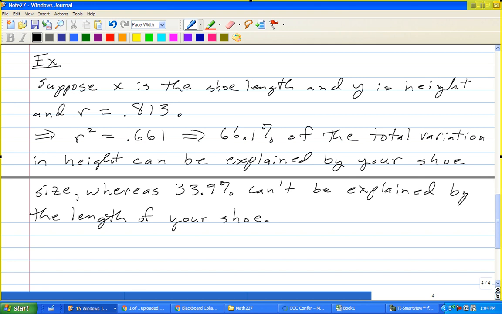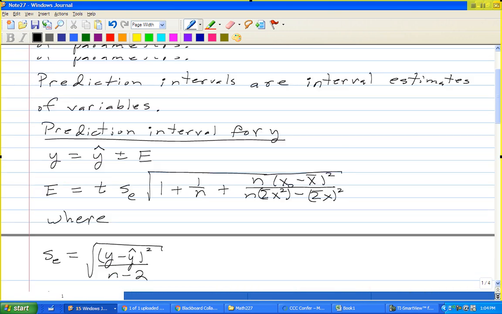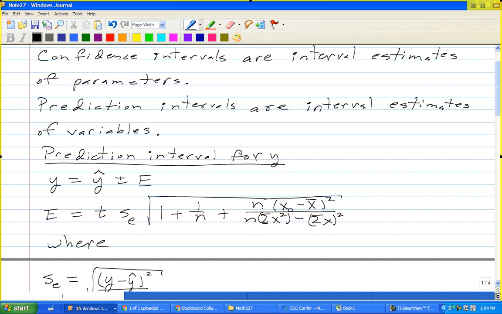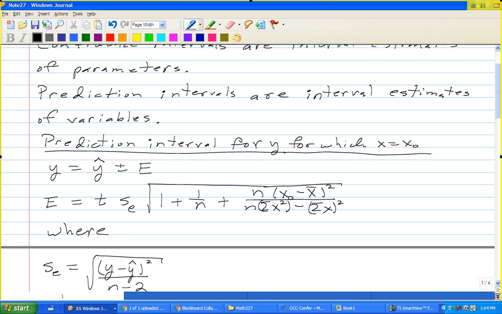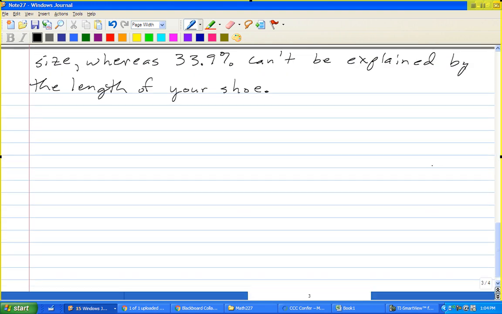So we told you the prediction interval. That was the prediction interval for y for which x equals x naught. Okay. Let me give you some confidence intervals.